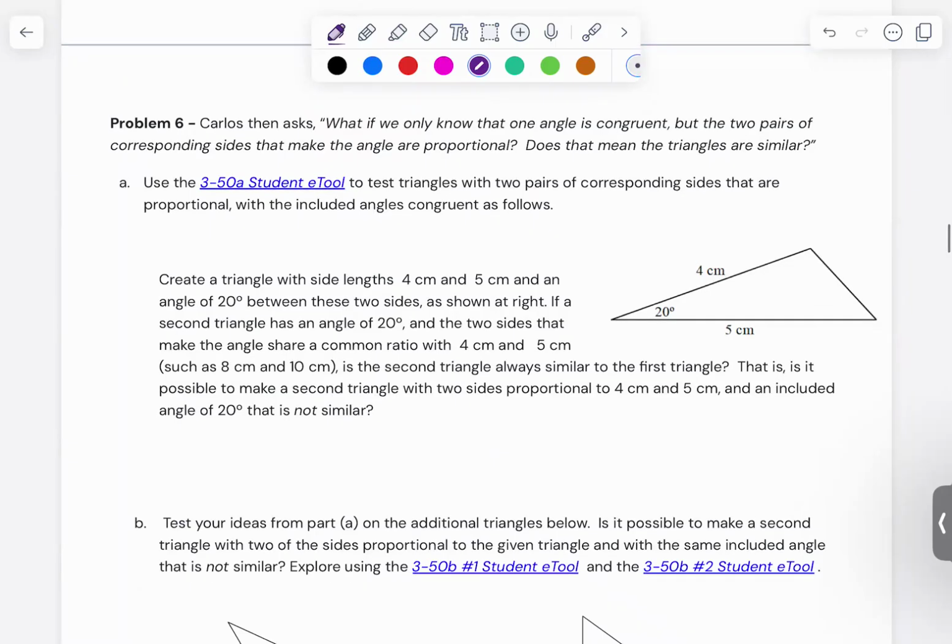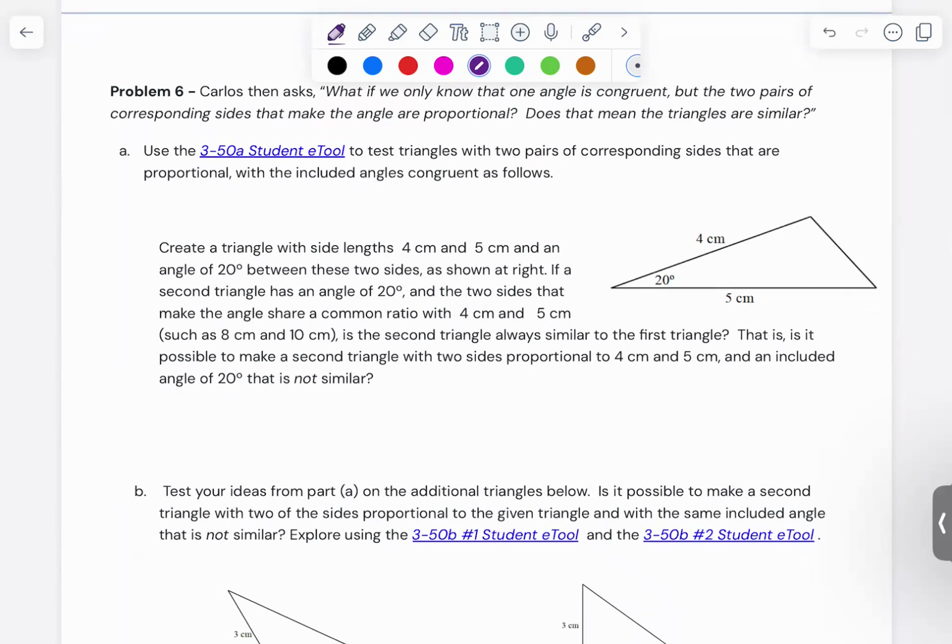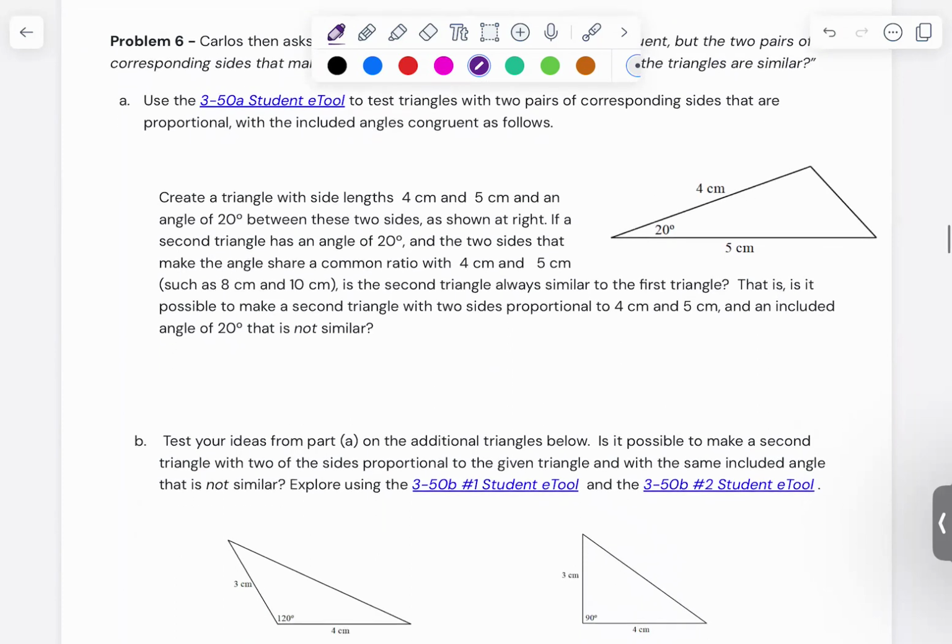If we were to have these two triangles and create a second triangle like this, where we have 4 centimeters, 20 degrees, and 5 centimeters, or even something that is proportional.